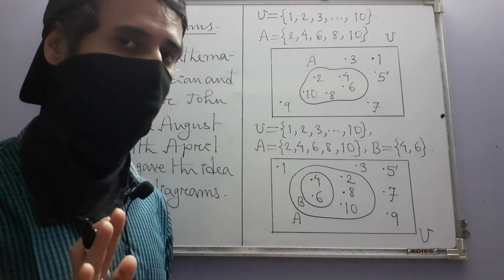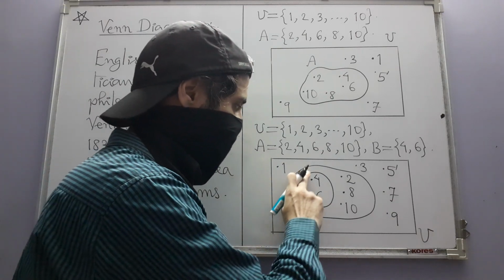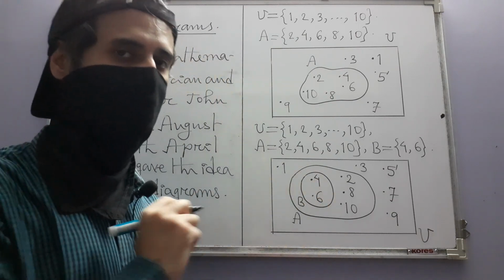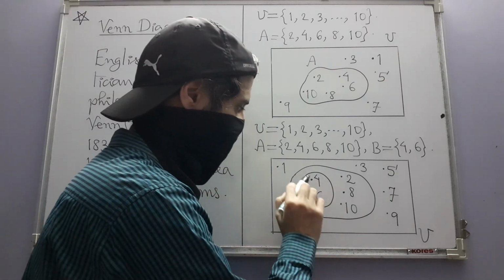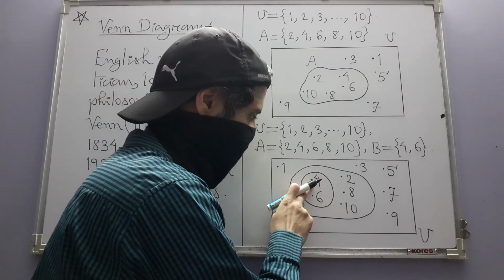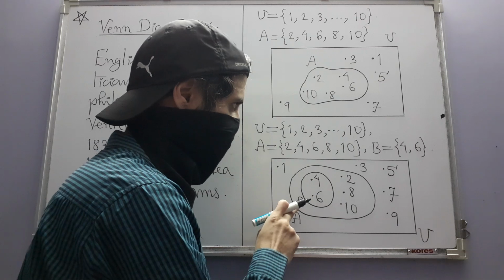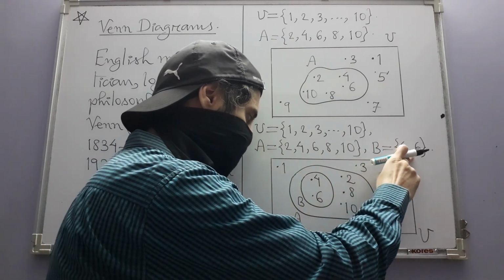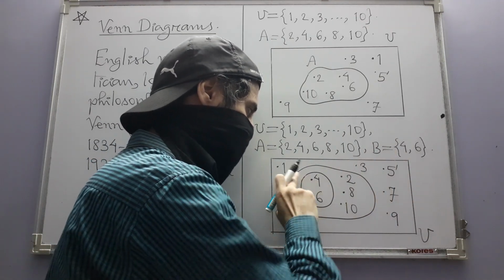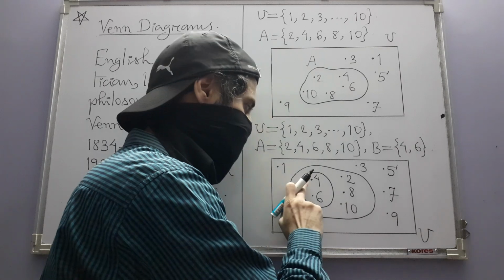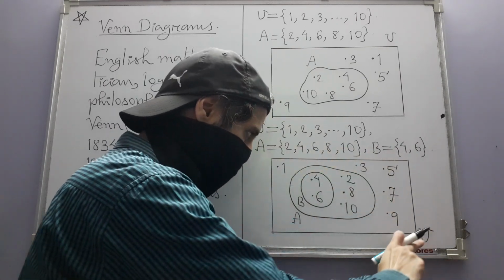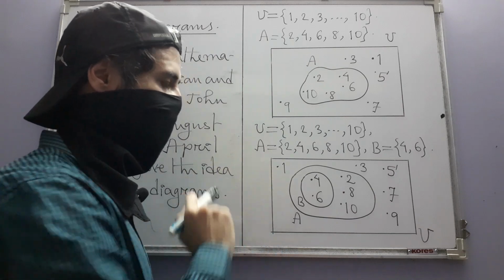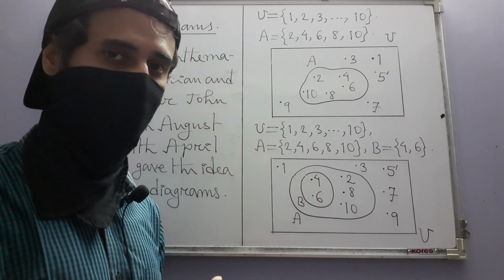A set is never drawn, but the pictorial representation of the set is drawn. So the element 4, for example, is an element in B, but at the same time it is within this larger region also because it is in A, and it is within this rectangular region because it is after all an element of U.